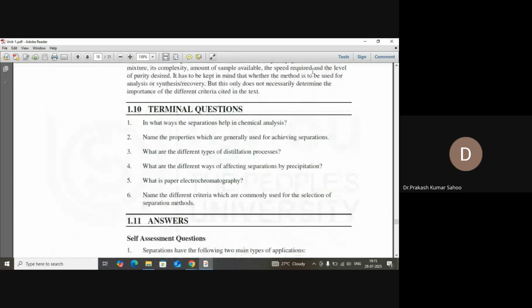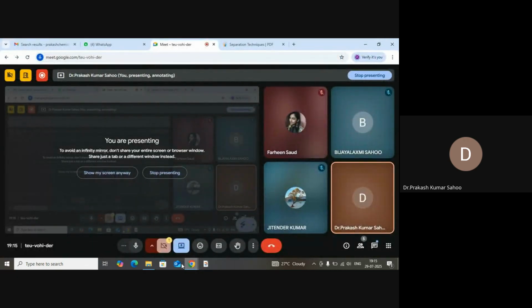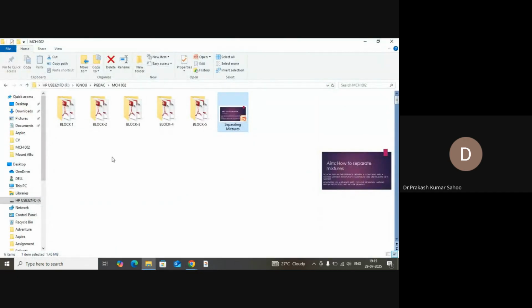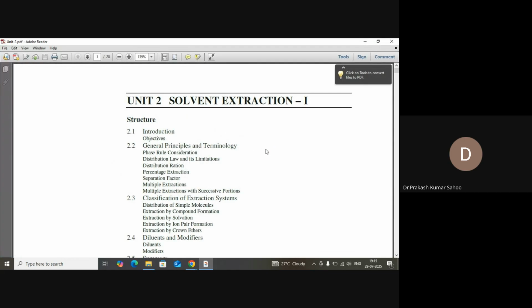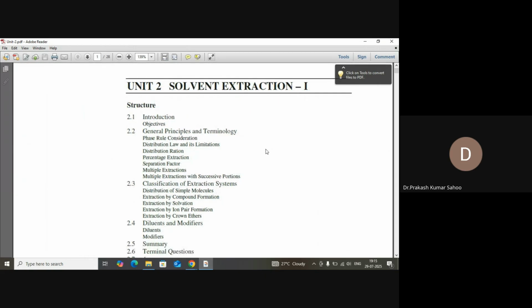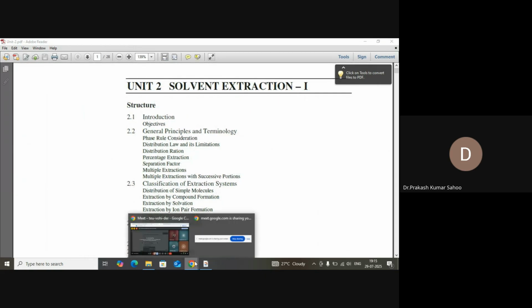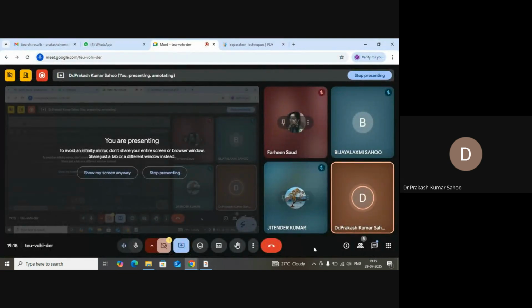Okay. So this is all about your unit one, and under your unit 2, this is the solvent extraction method we have. Up to this, does anyone have any question or anything they wish to share?